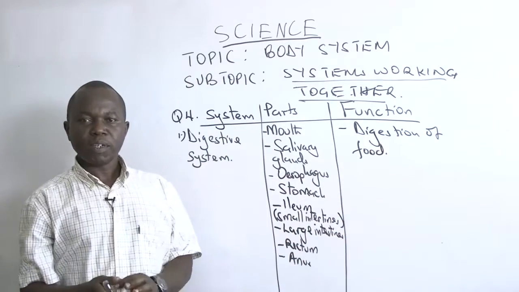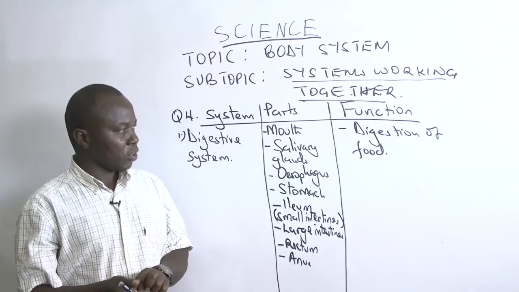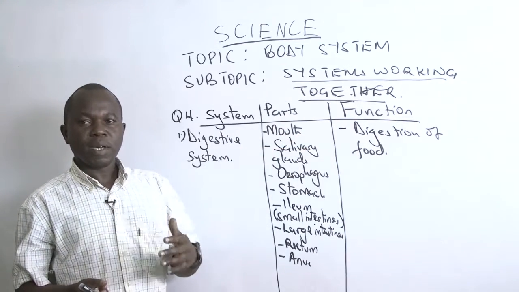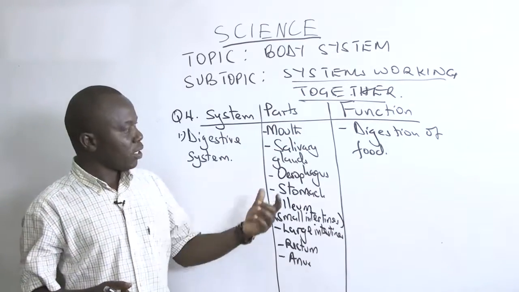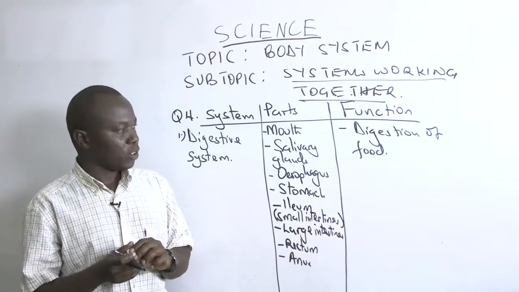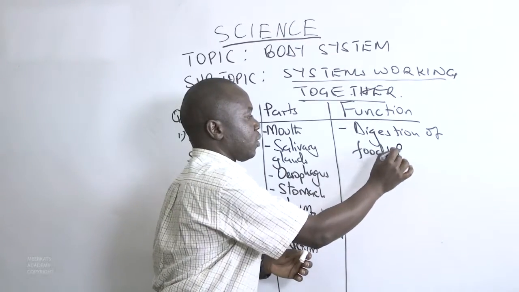Remember, digestion of food, we have two types: chemical and physical digestion. Physical digestion mostly takes place in the mouth, where there's breakdown of food from large particles to small particles. We call that physical digestion.